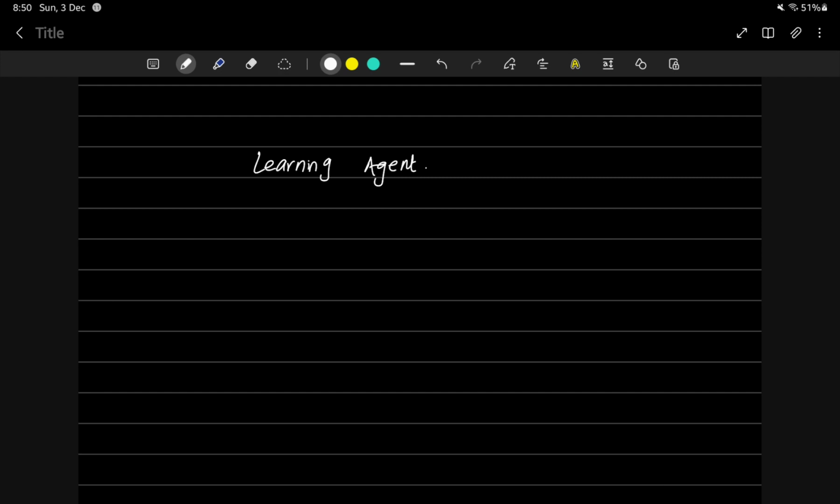So these agents are called learning agents, and learning agents have the ability to improve their performance over time through experience. They adapt and adjust their behavior based upon the feedback from the environment or from the user. I'll give you a really good example of this in a bit as well to help you understand this even more. The mechanism of learning basically goes like this: they use various learning mechanisms like supervised learning, reinforcement learning.